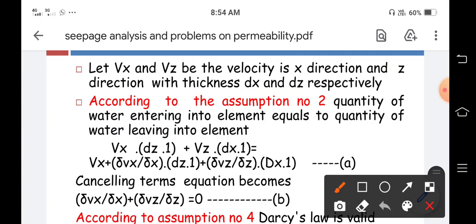This is not actually the mathematical one, so you have to cancel all the similar terms. First of all, cancel this vx, this vx also gets cancelled, then this delta z into 1 gets cancelled, similarly this delta z into 1 gets cancelled, okay.